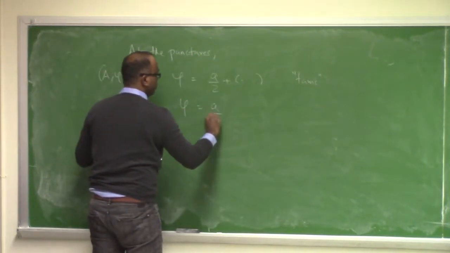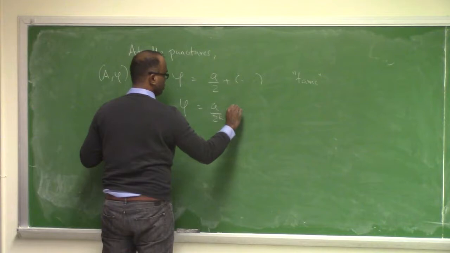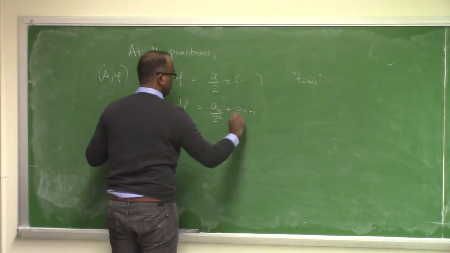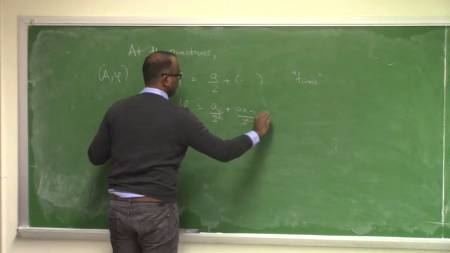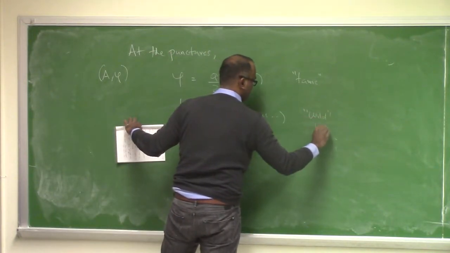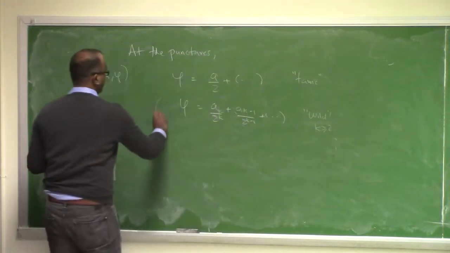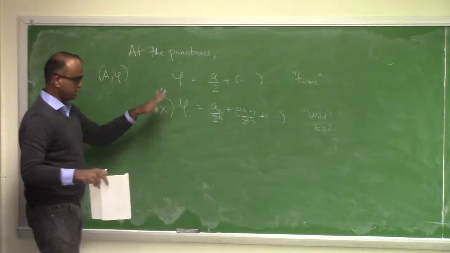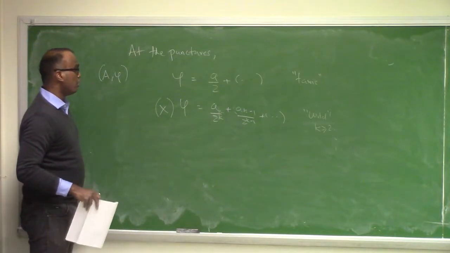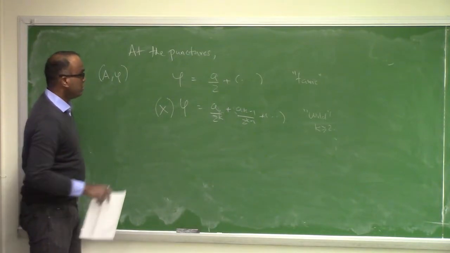If I allow for higher order poles, I'm not going to consider these, although they are extremely interesting in their own right. For today's talk, I'm focusing only on the tame case.